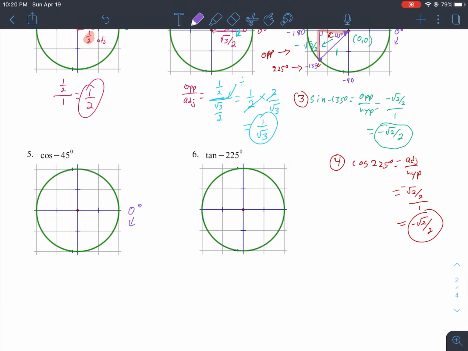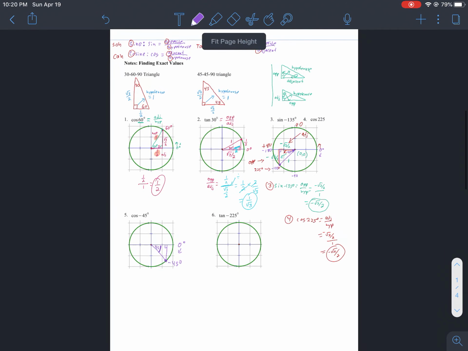0, negative direction, negative 45, right there. Connect your triangle to the x-axis. Find your reference angle, this angle here in the middle. That angle's 45. Now you can match it up with the triangle. 45 degrees, that's this triangle.